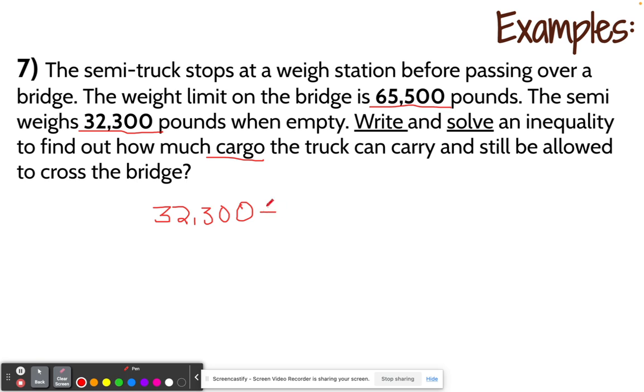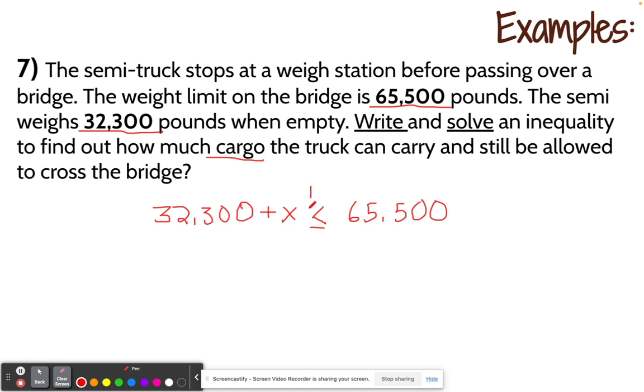So that's going to be my x, the weight of the cargo he can carry. And we know that the weight limit is 65,500. When you see the word limit, that usually means you can go up to that amount and include that amount. So he could cross the bridge if the truck weighed 65,500, but not more than that, exactly that or less.